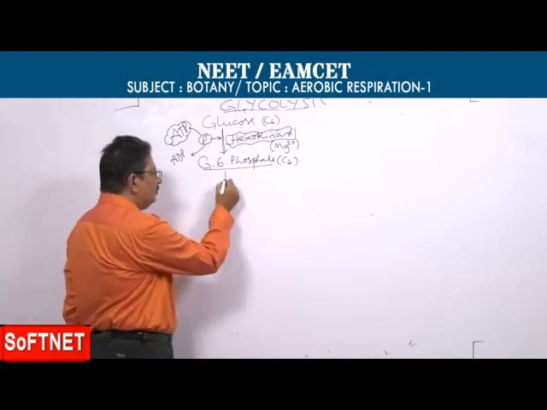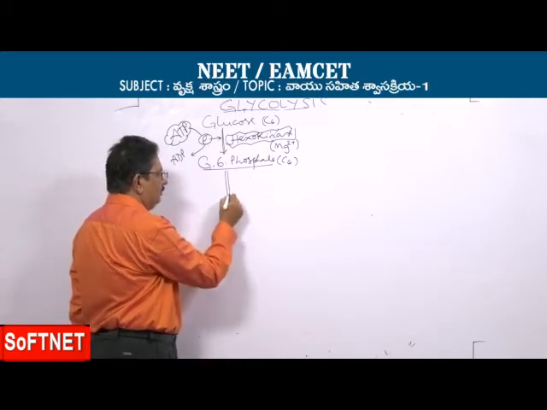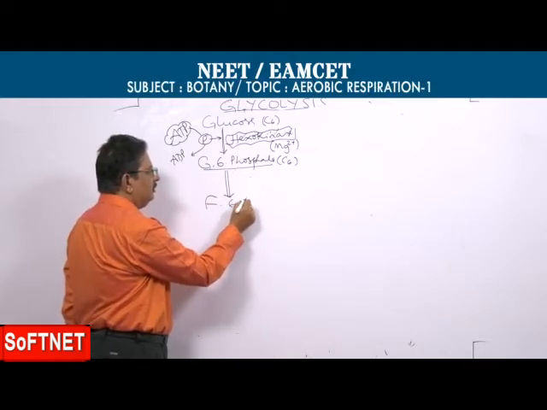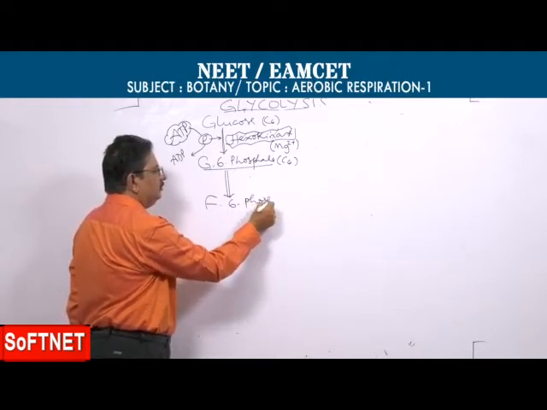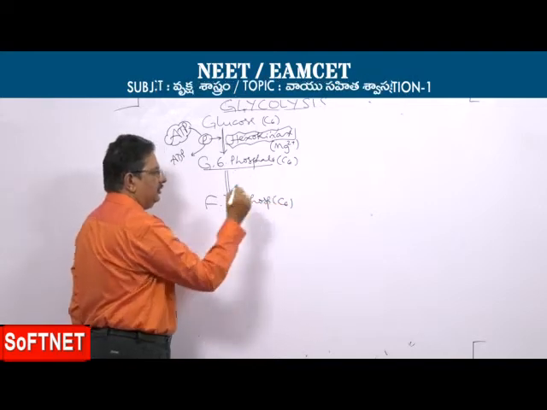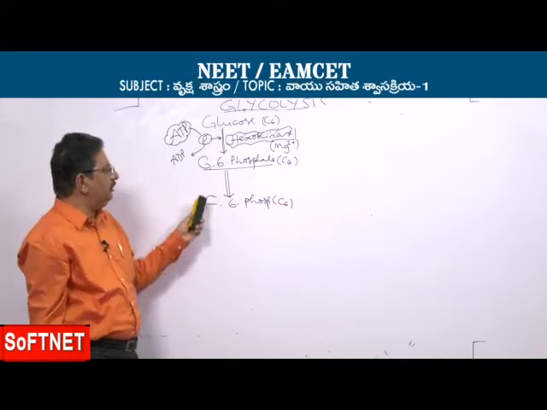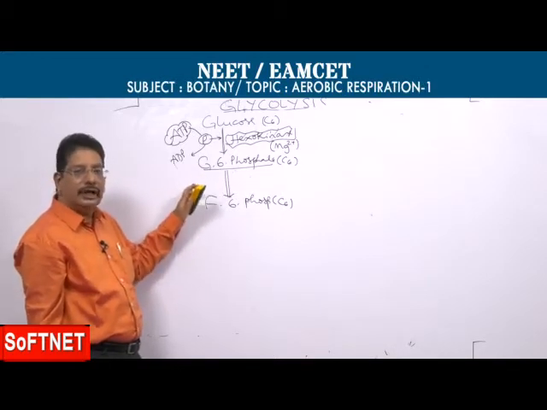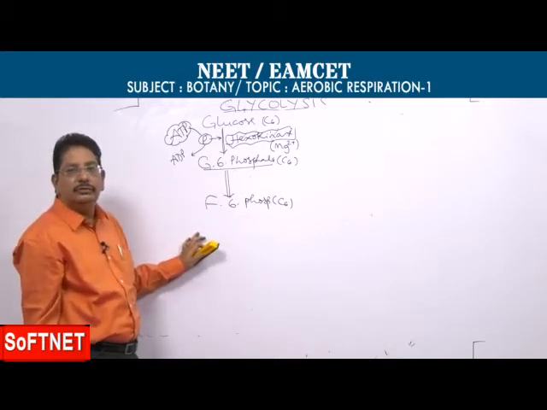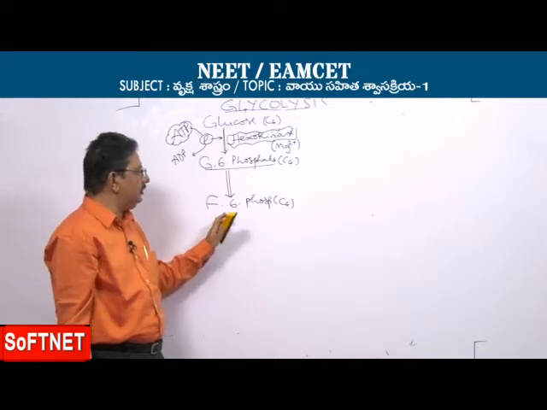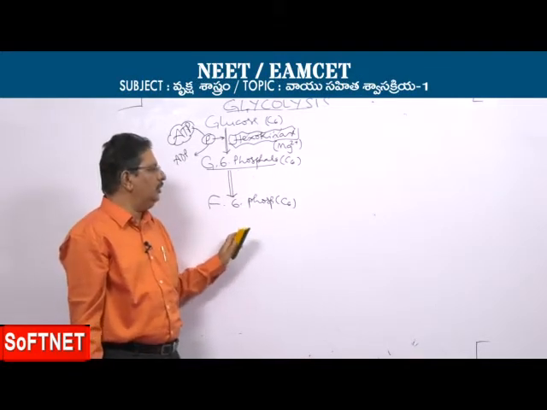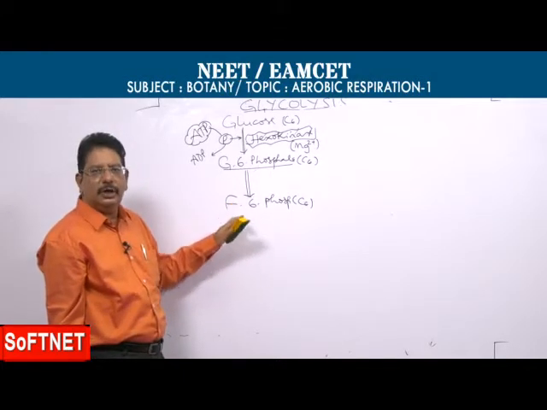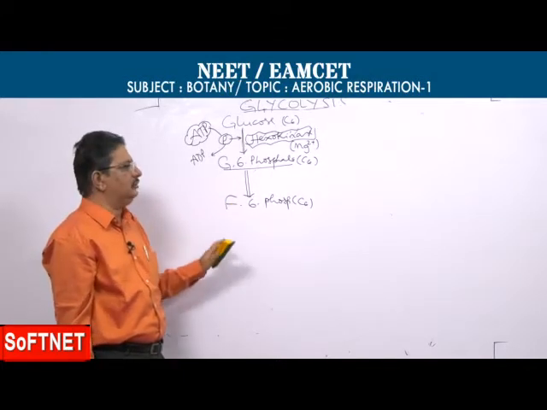So, this glucose 6-phosphate is converted into fructose 6-phosphate, which is also C6. Glucose and fructose, as you know, are isomers. So, glucose is isomerized into fructose. So, there is no question of addition or deletion of any group, simply intramolecular group transfers.